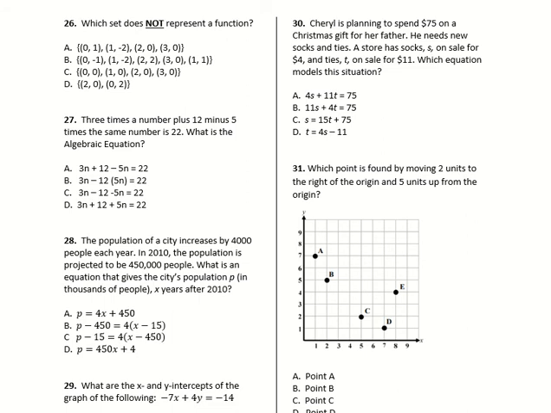C, the set including the points 0, 0, 1, 0, 2, 0, 3, 0. D, the set including the points 2, 0, 0, 2.